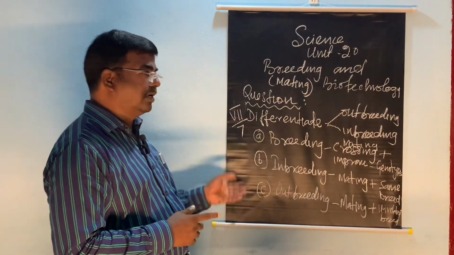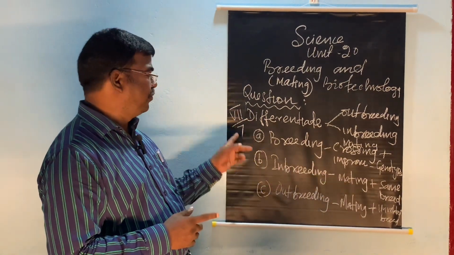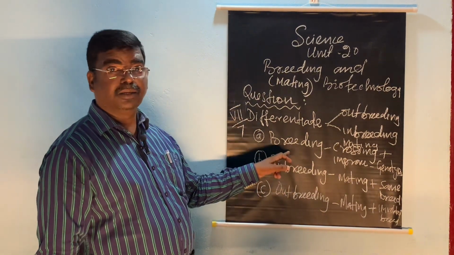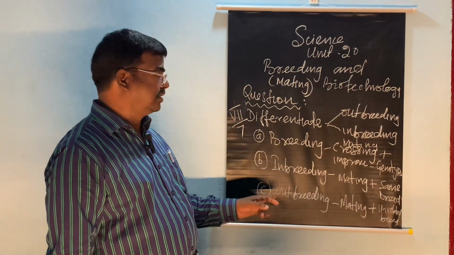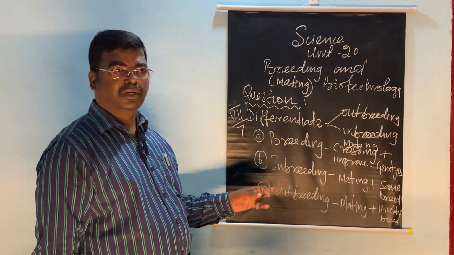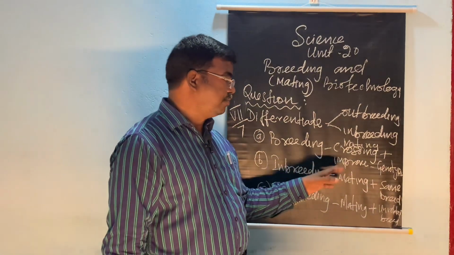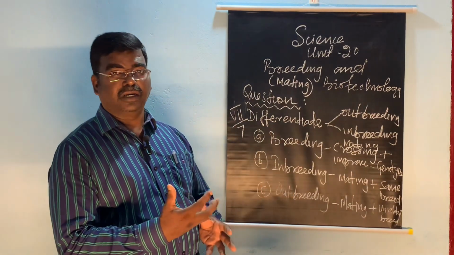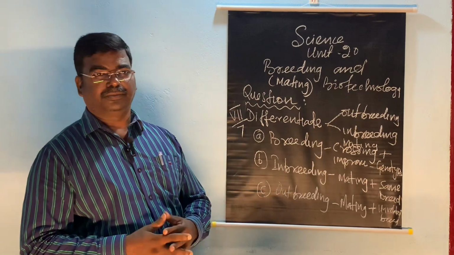So the question is, differentiate inbreeding and outbreeding. If you want to get 4 out of 4, you have to first write the definition of breeding. Breeding is the mating or crossing of animals and getting improvement in the genotypes, and we are getting good or well developed animals.